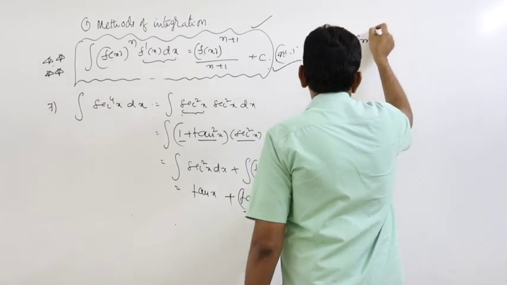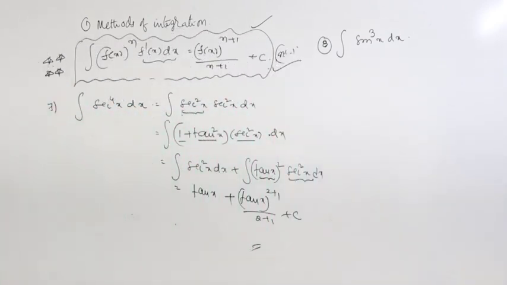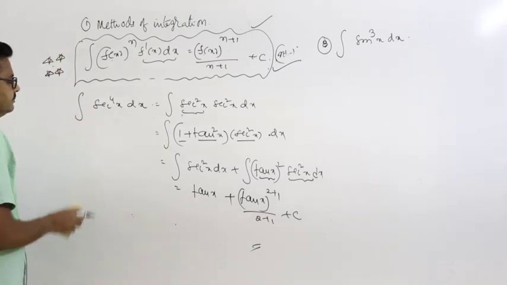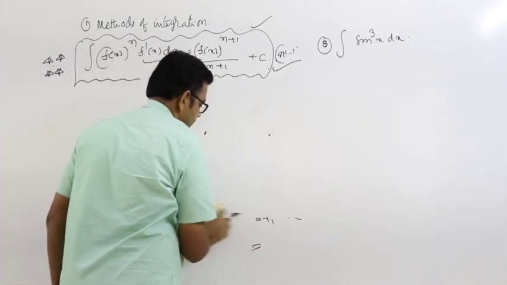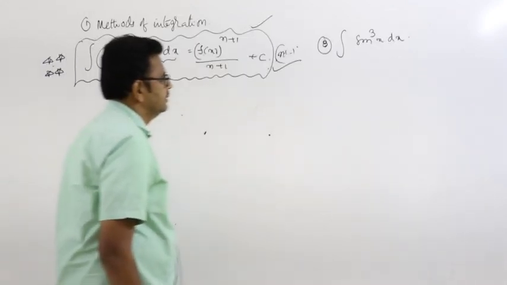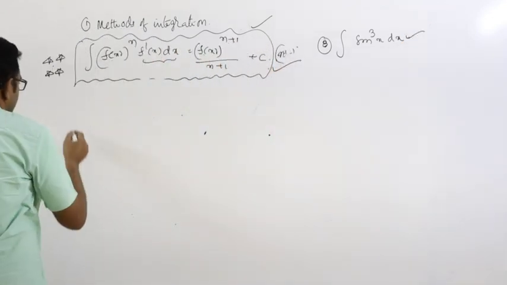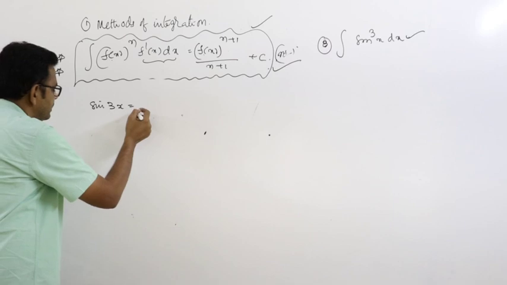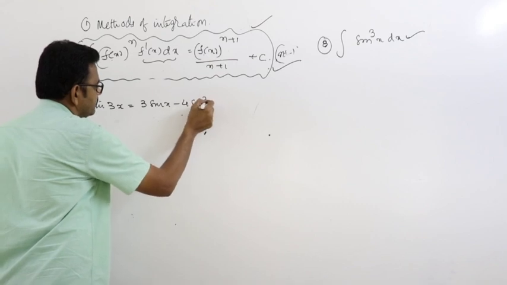Integral sin cube x dx. So this can be done in two ways. Integral by using the sin 3x formula. Sin 3x formula is 3 sin x minus 4 sin cube x.